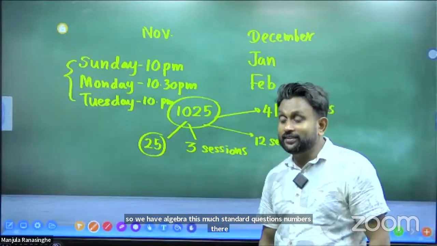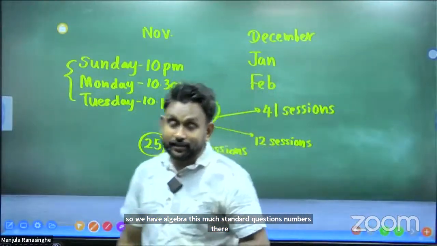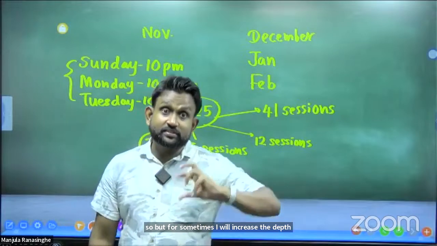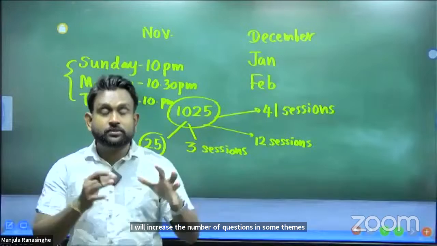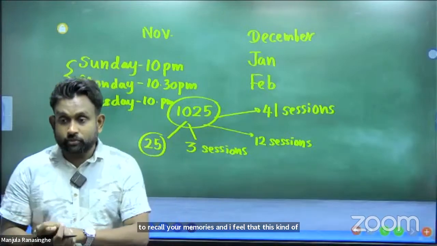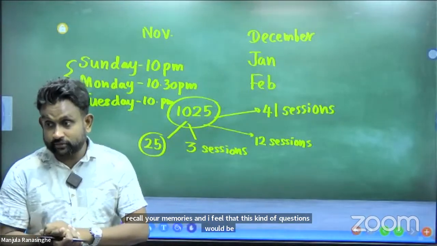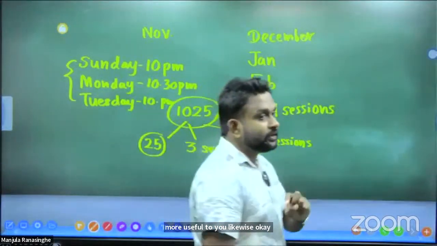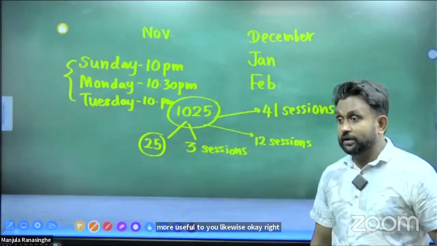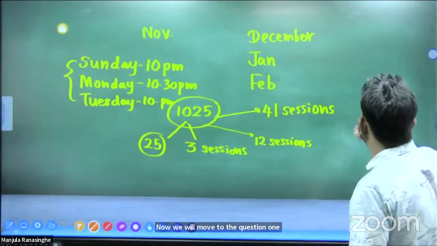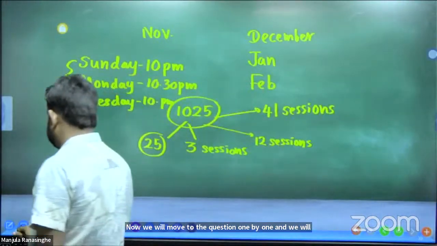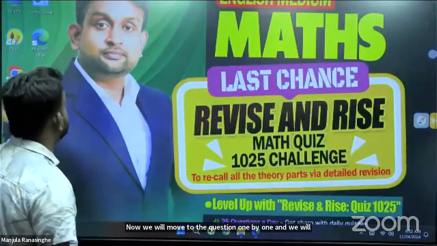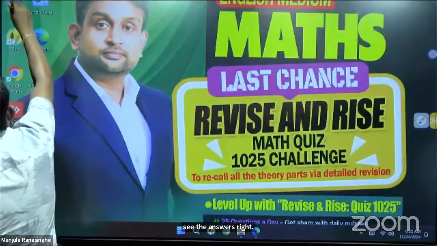Sometimes I will increase the depth and the number of questions in some themes to recall your memory, because I feel this kind of questions would be more useful to you. Now we will move to the questions one by one and see the answers. So this is our program, Revise and Rise.